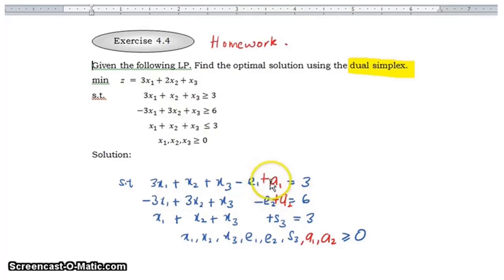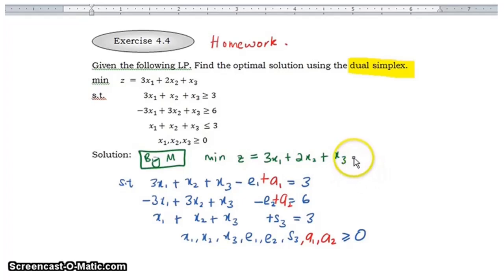If we use Big M method, the objective function of this problem becomes minimize z equals 3x1 plus 2x2 plus x3 plus MA1 plus MA2.